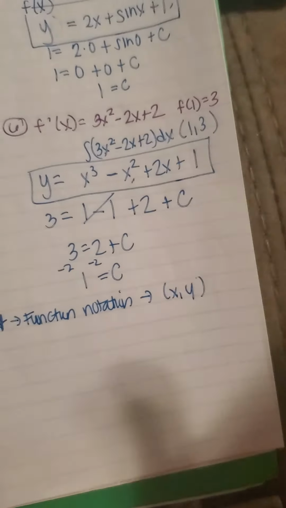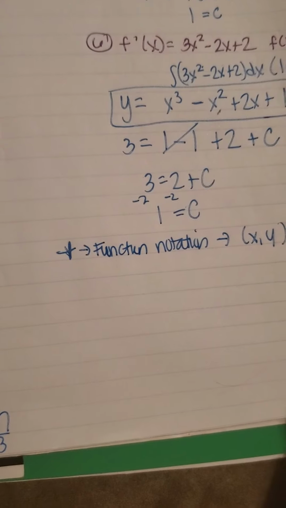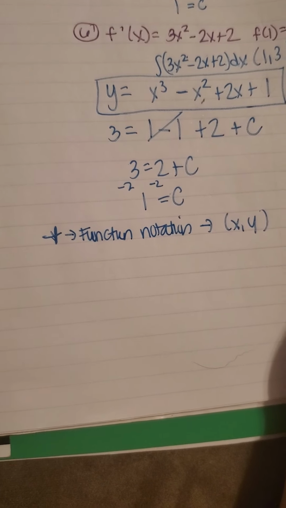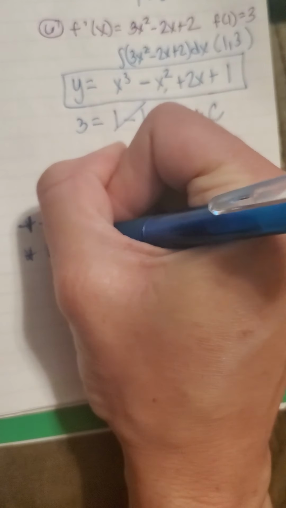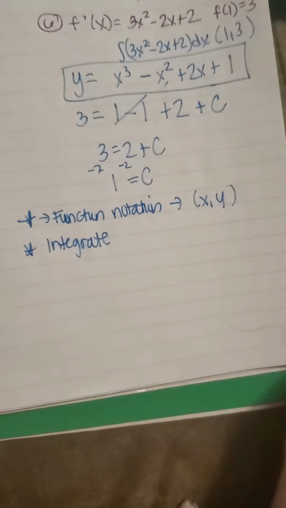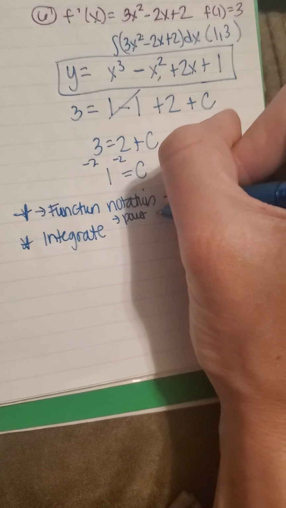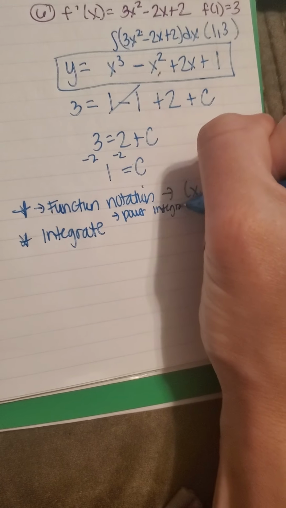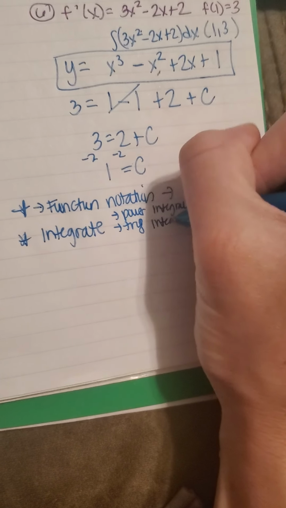If you're like, I can go either way, that step is obviously not for you if it's not helpful. Then from there, I would integrate, use my power rule for integrals, and also might have some of those trig integrals.